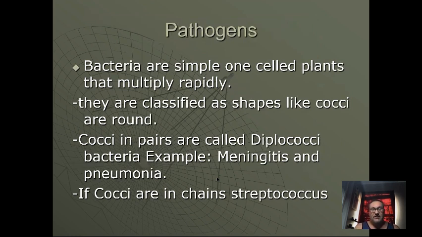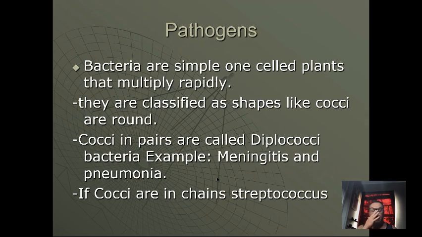So the first one is bacteria. We have cocci, bacilli, and spirilla. Cocci are round. Bacilli look like a hot dog. And spirilla look like a little spring.